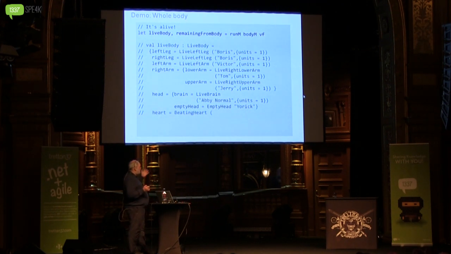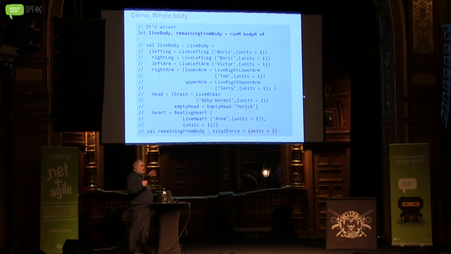And it contains a beating heart, everything. Everything we need is inside it. And what's interesting is finally, after doing all this creating, the remaining vital force is down to 2 units. We've actually used up 8 units in creating this thing. And again, it's actually keeping track of how much vital force we've used without having to say anything.